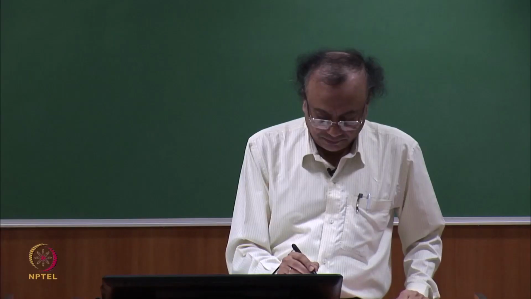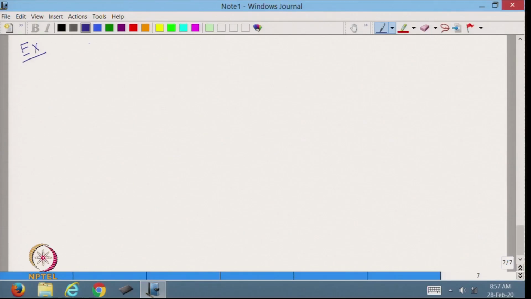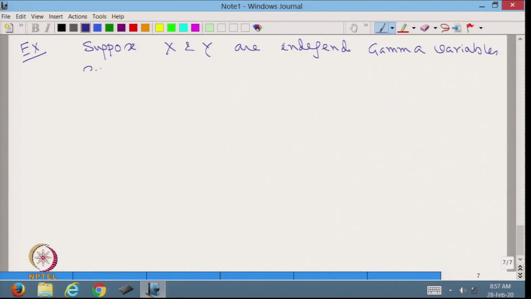Let us now consider another example. Suppose x and y are independent gamma variables such that x is distributed as gamma(lambda, alpha) and y is distributed as gamma(lambda, beta).